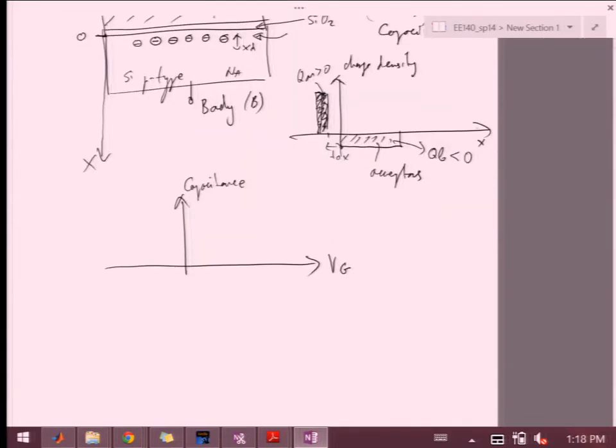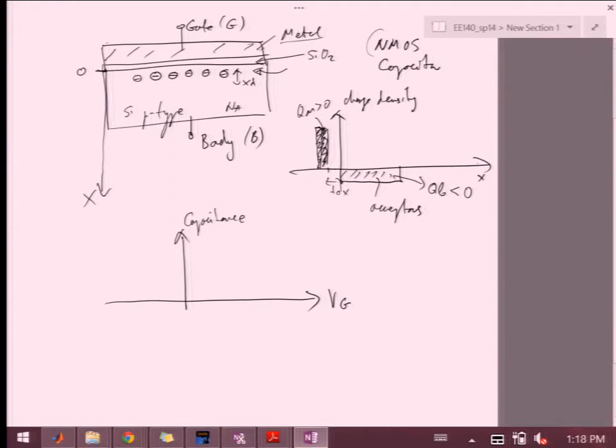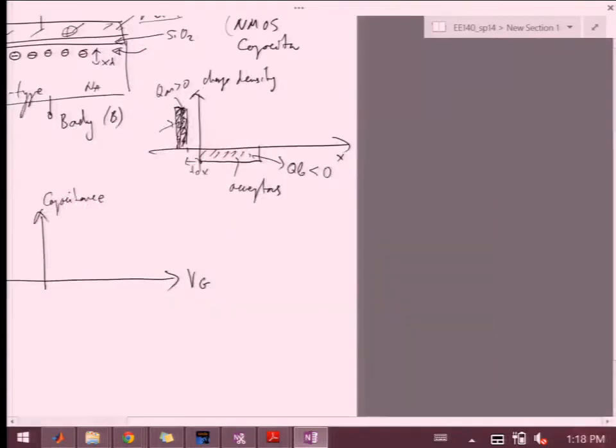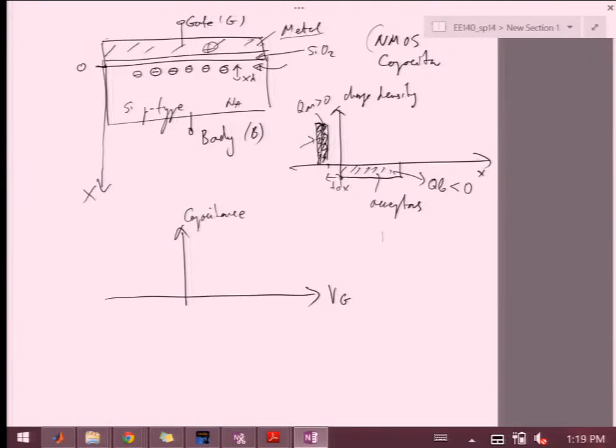So when VG is positive, then we have essentially plus charge here, which is this charge over here, and then we have our negative acceptors on the other side, right? And because the depletion region is kind of getting bigger as my VG increases, my capacitance is kind of going to start going down.